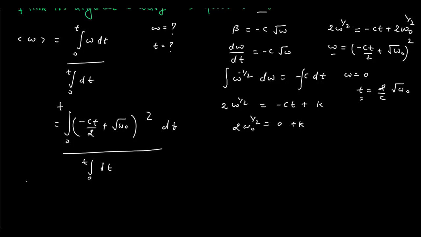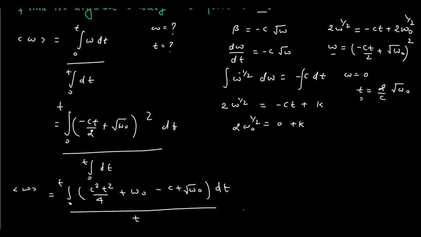From here I can write this omega average is equal to integral 0 to t of c square t square by 4 plus omega naught minus ct under root omega naught dt, divided by t.